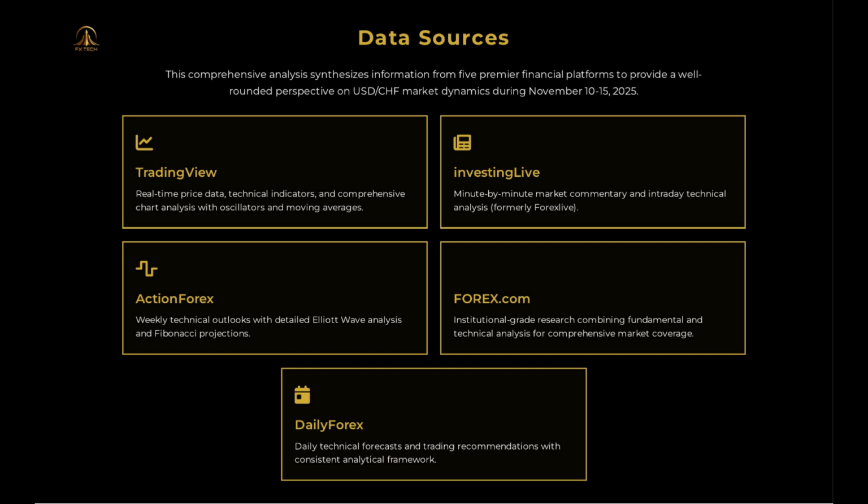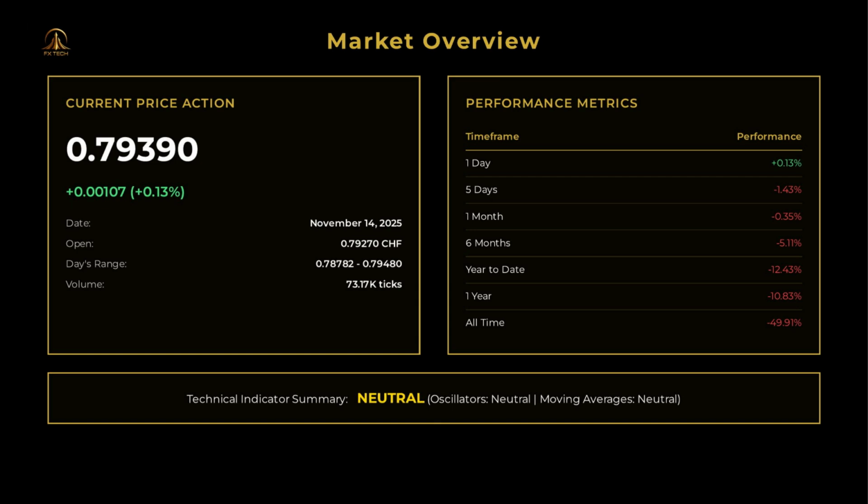Finally, Daily Forex provides daily technical forecasts with consistent analytical frameworks. By synthesizing information from these diverse sources, we create a well-rounded perspective on USD CHF market dynamics, ensuring our analysis captures both short-term price action and longer-term structural trends.